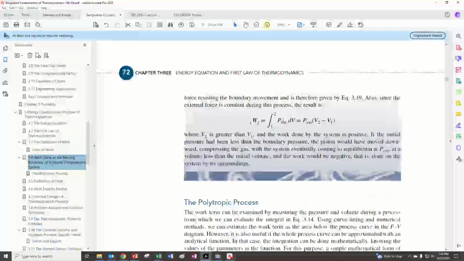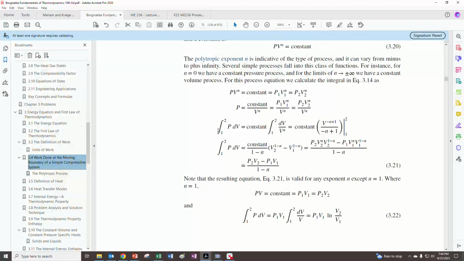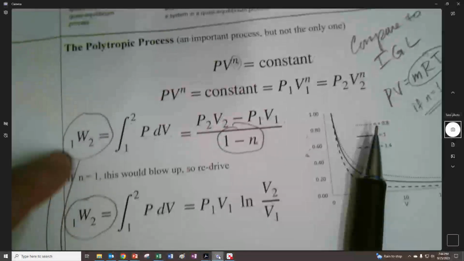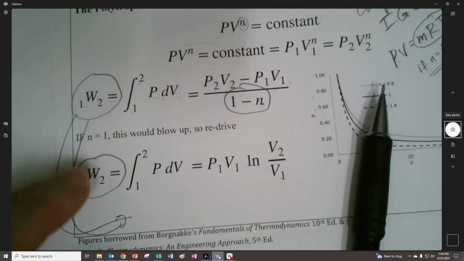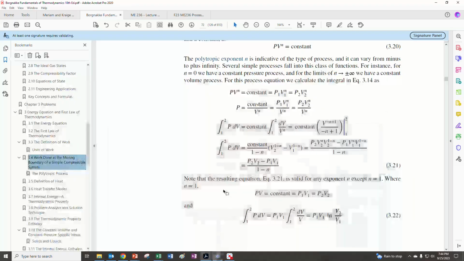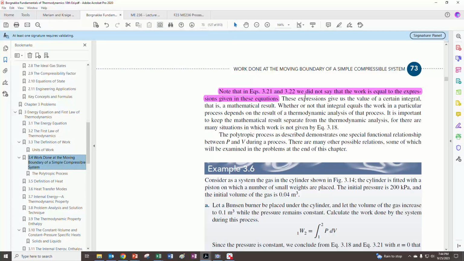I didn't do a good job of that. You'll notice they didn't say work in there. So I have to apologize for having put work here and work here, because they didn't do it. They say, note that we did not say that the work is equal to the expression given in these equations.